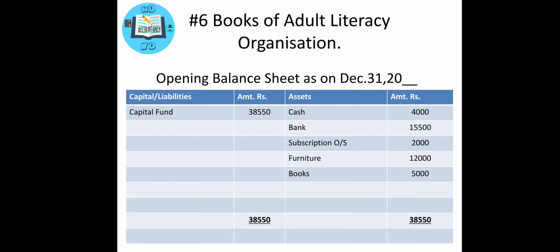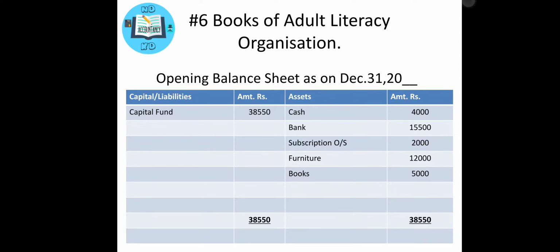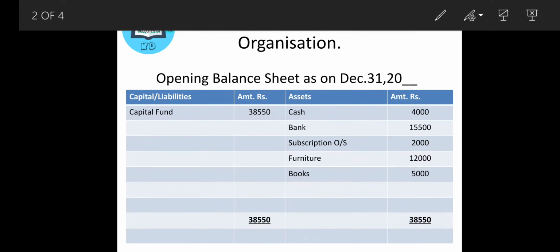So make a tick mark on 2012 and 2013. Then comes your salary. Come to your receipts and payments, credit side, you will find salary over there. Then rent, then make a tick mark on both of those.